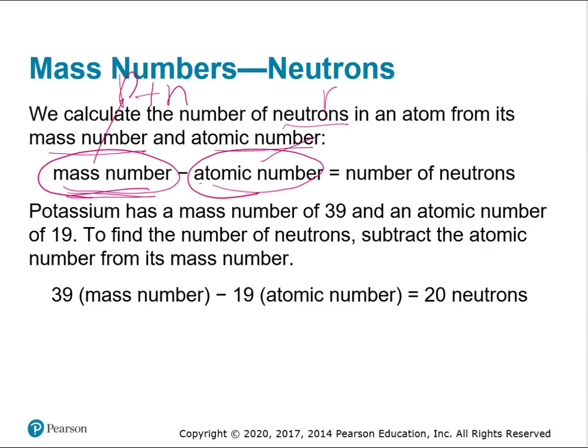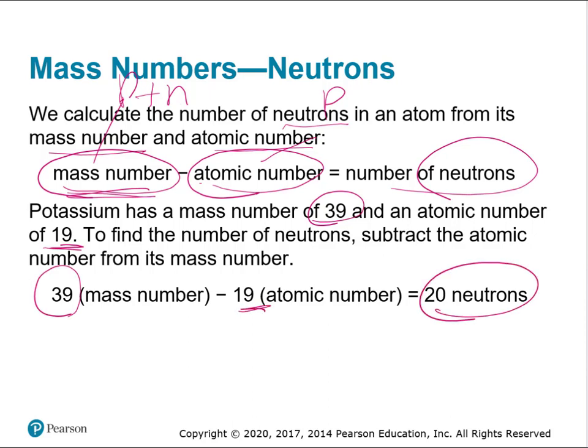Let's say potassium has a mass number of 39, and its atomic number is 19. So I take 39 minus 19 to get 20 neutrons. And 20 plus 19 gives me a mass number of 39, because mass is protons and neutrons.